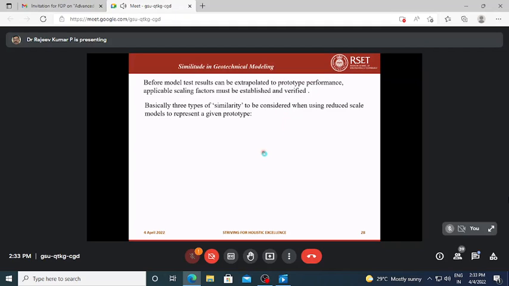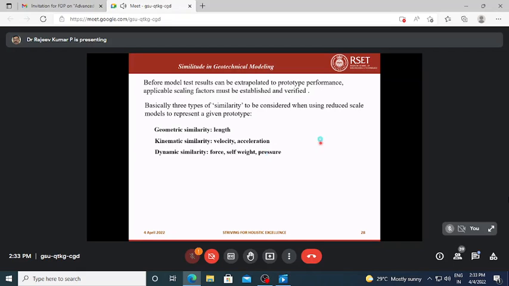So there are some similitude conditions in geotechnical modeling, any geotechnical modeling, not only in geo-environment or contaminant transport. That is also applied in geotechnical centrifuge modeling. Basically there are 3 types of similarities which we consider in a reduced scale model to represent a prototype condition: geometric similarity, that is dimension; kinematic similarity, that is velocity and acceleration; and dynamic similarity.